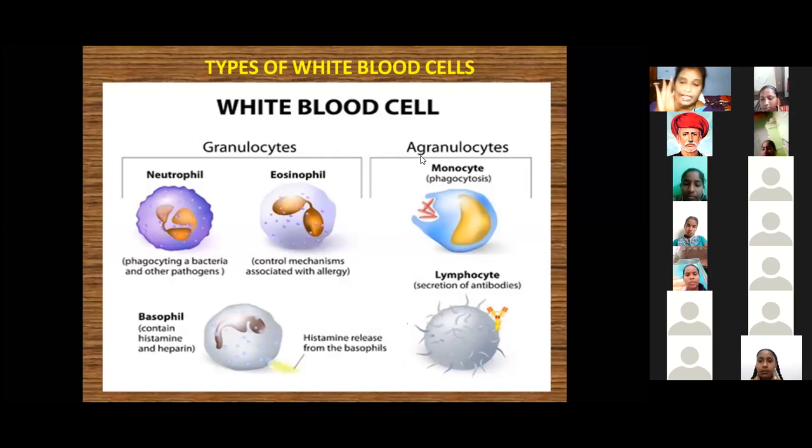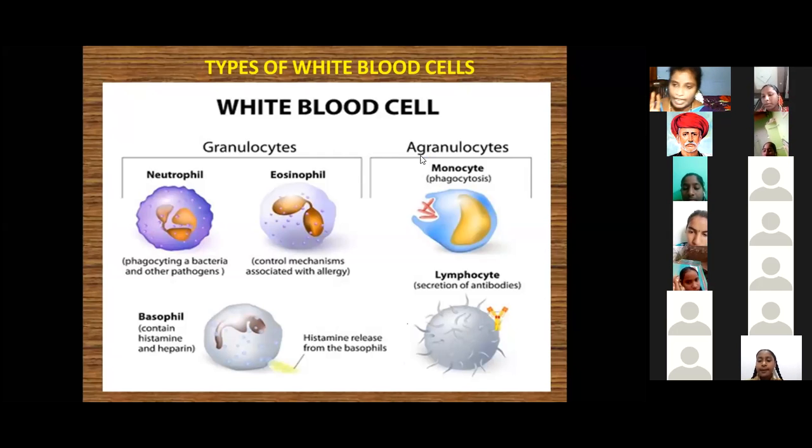Granulocytes again have three types: neutrophils, eosinophils, and basophils. These are all types of granulocytes.